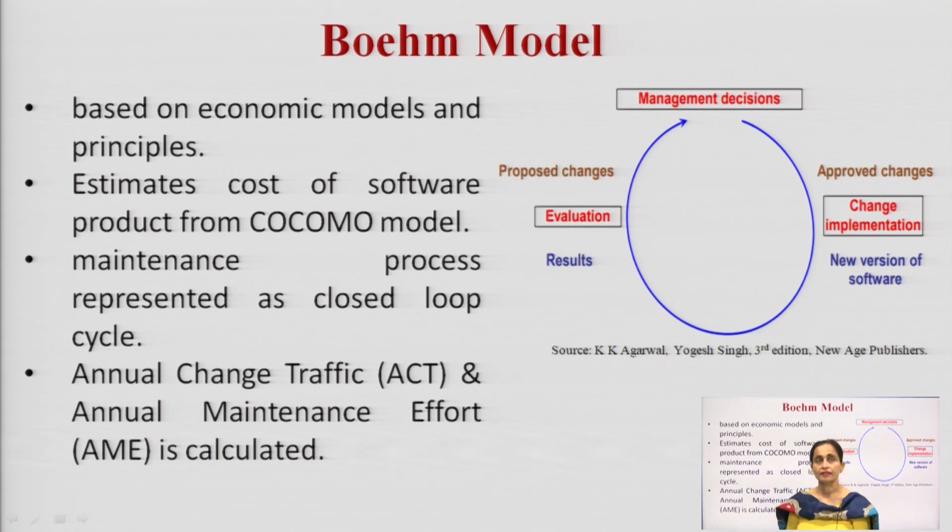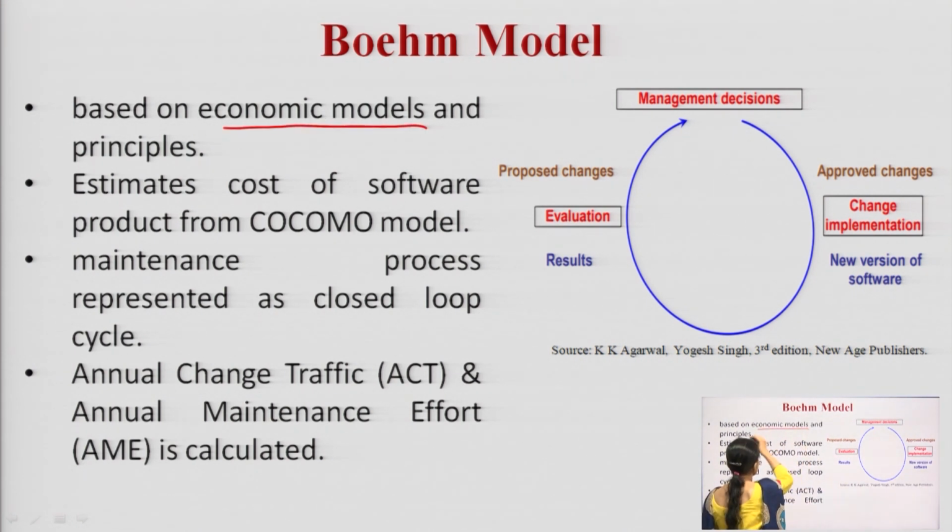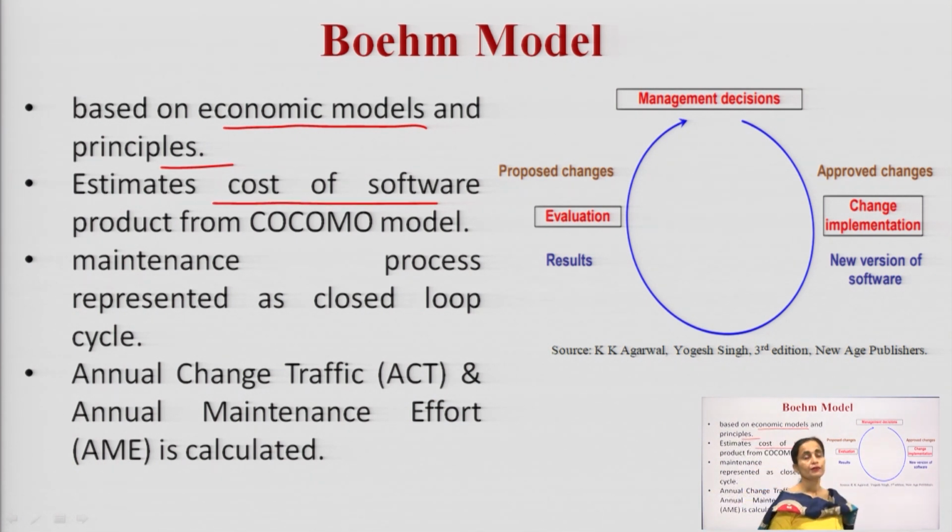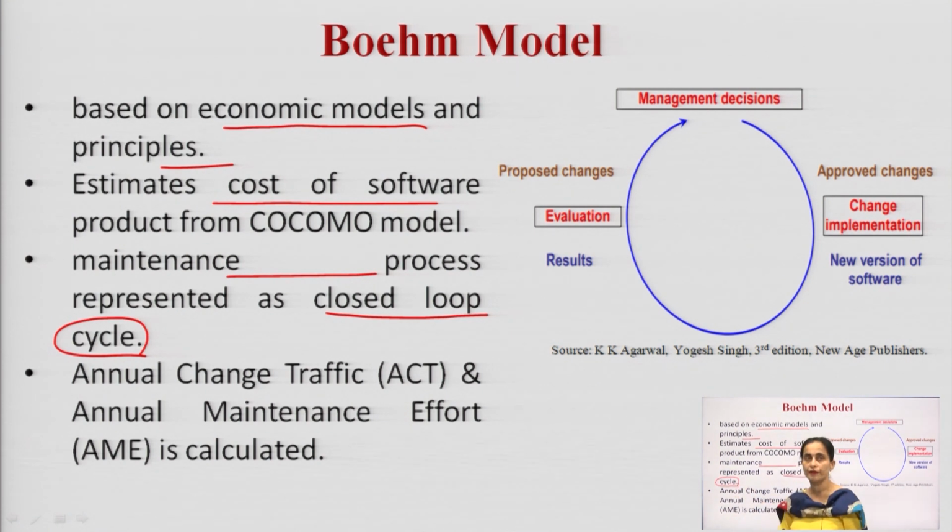Then the next model is the Bohem model. This Bohem model was proposed by Bohem and it is based on economic model principles. This model calculates the cost of the software from the COCOMO model, a cost estimation model. Then the maintenance process is represented as a closed loop cycle in this Bohem model.